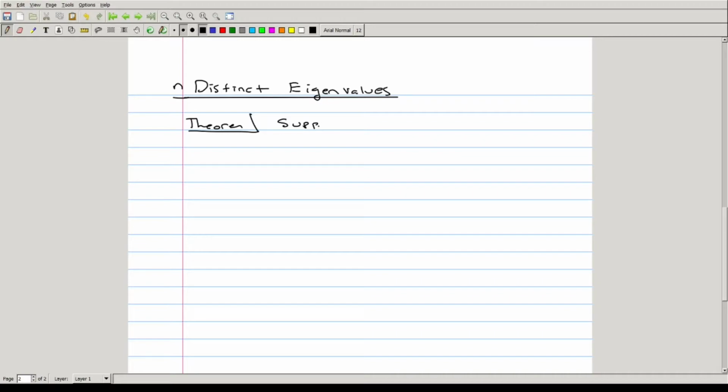Suppose that the matrix A has n linearly independent eigenvectors u1 to un.